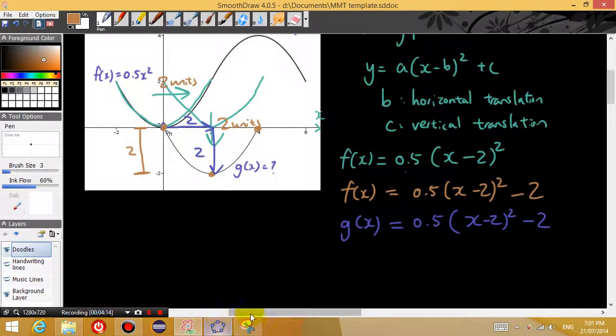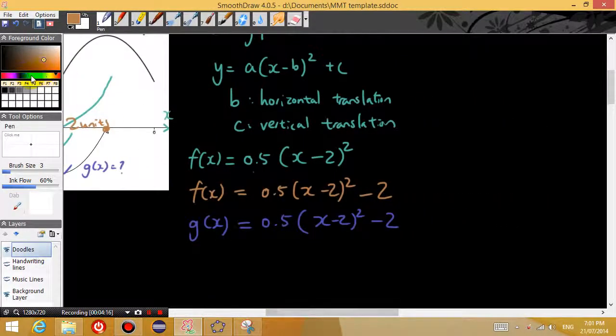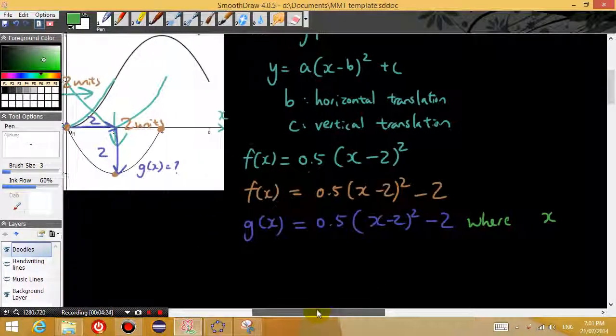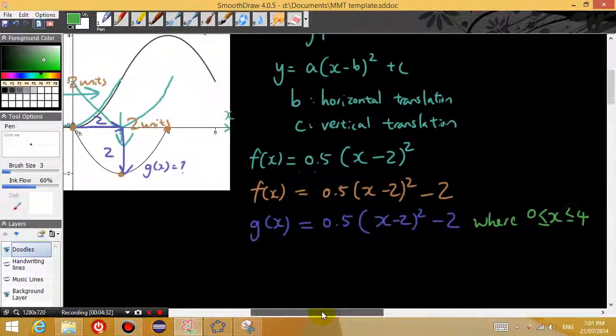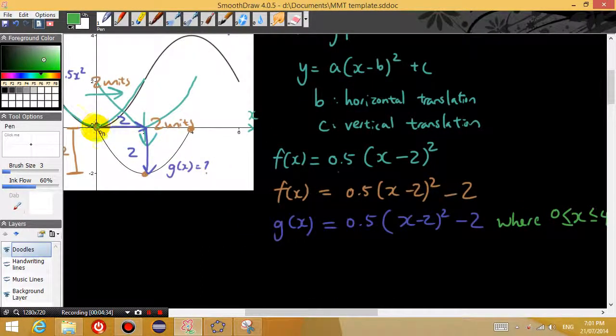So the domain of g of x is where x is between 0 and 4. Right, you have to say that because this line doesn't go beyond x equals 0 and x equals 4.